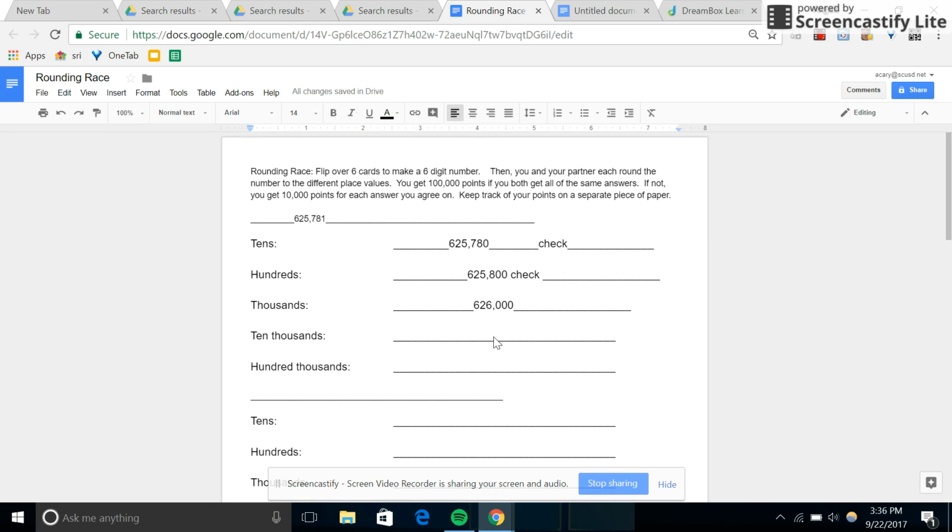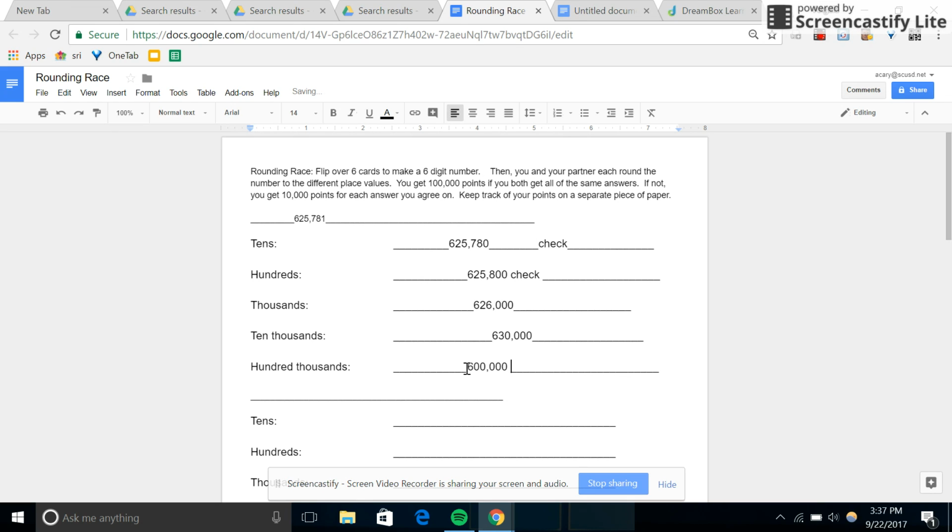Then we have the 10,000s place. The answer is 630,000. Interesting, that pattern of zeros is still working: if you're rounding to the 10,000s place, all of the numbers after it have turned into zeros. And the last one, rounded to the 100,000s, is 600,000.